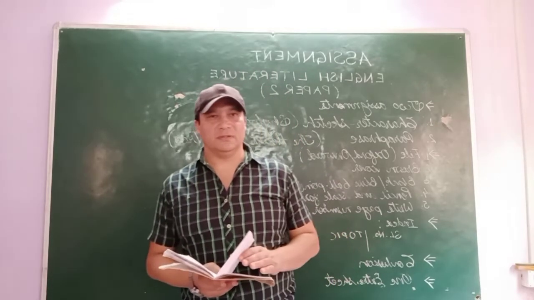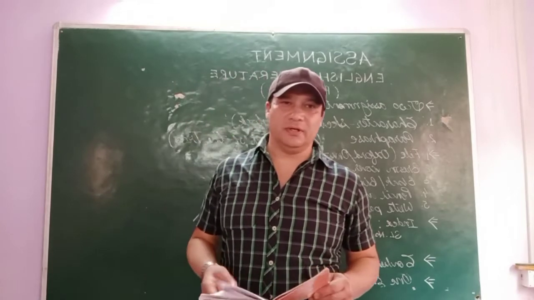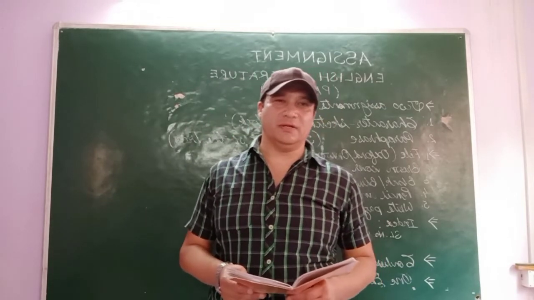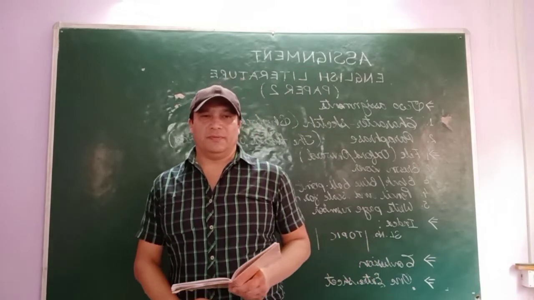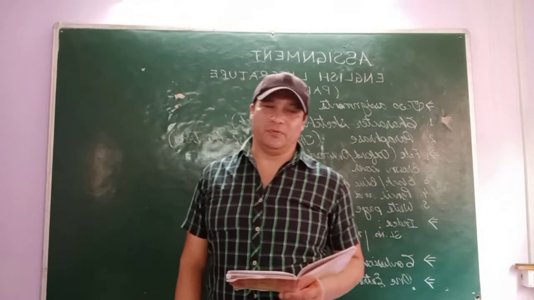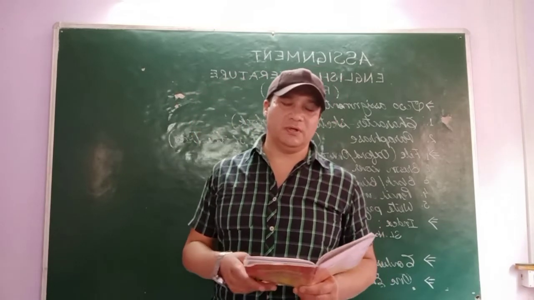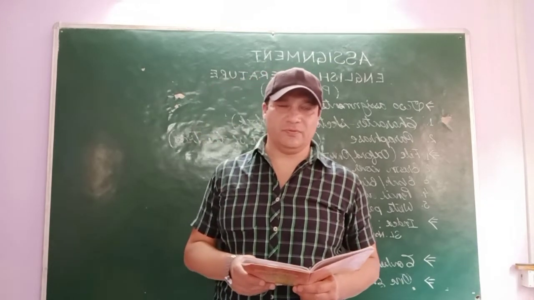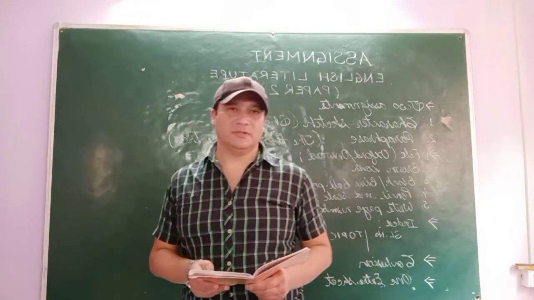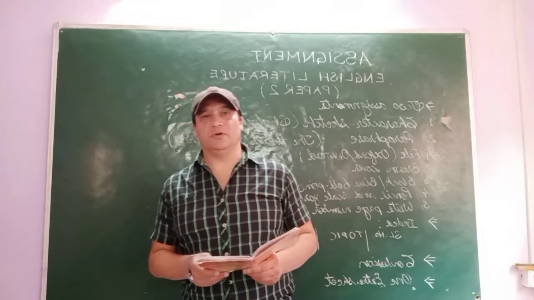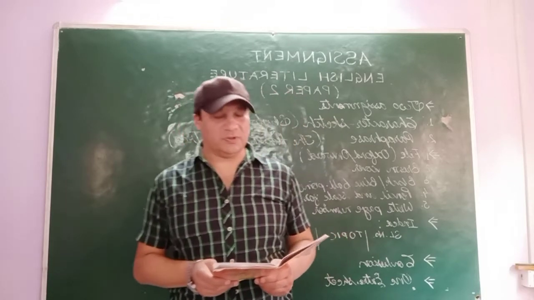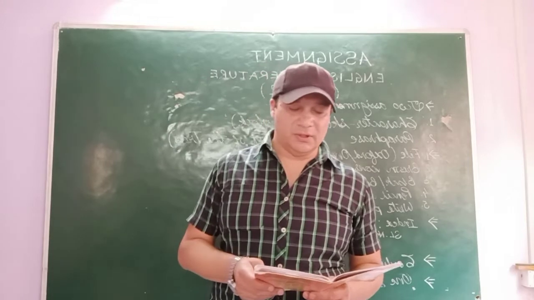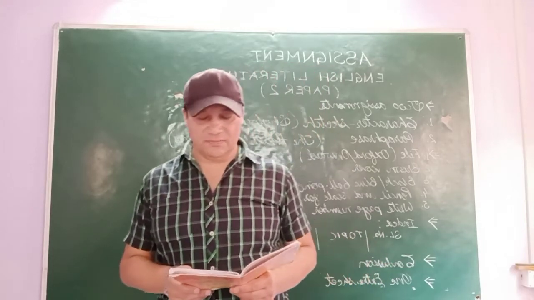So let us now see the chapter, The Little Match Girl, written by Hans Christian Andersen. The chapter discusses poverty. It's about a poor child who is a girl in the story. This is one of the famous fairy tales of the author. So here we go.